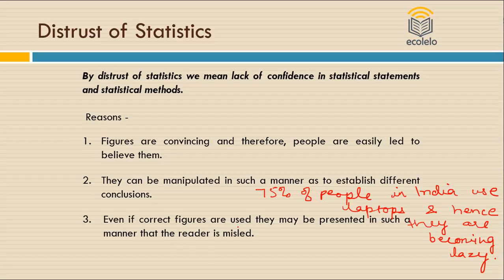Even if correct figures are used, they may be presented in such a manner that the reader is misled. So even if I write something very convincing, and the way I am trying to convince you, it could be that I can mislead you. That is why the distrust of statistics is a very important concept these days.